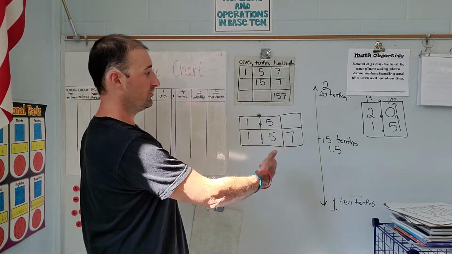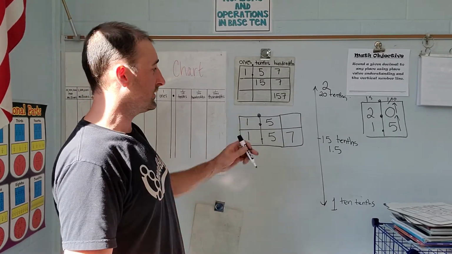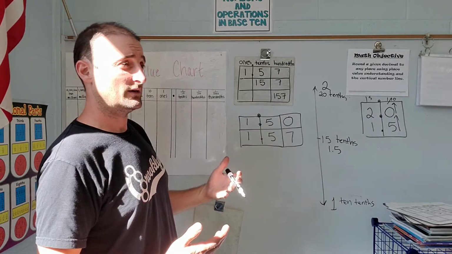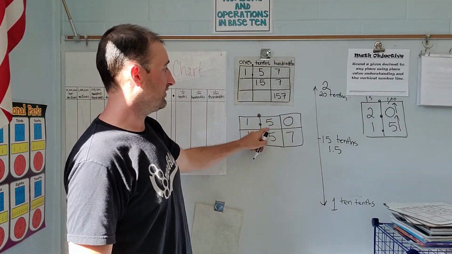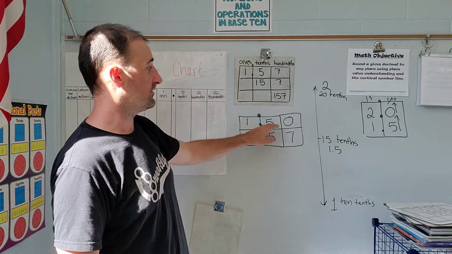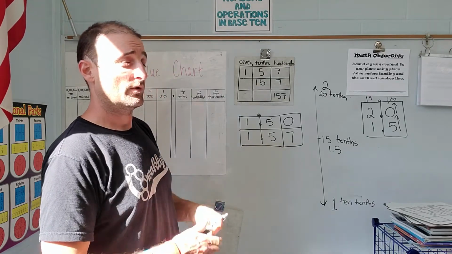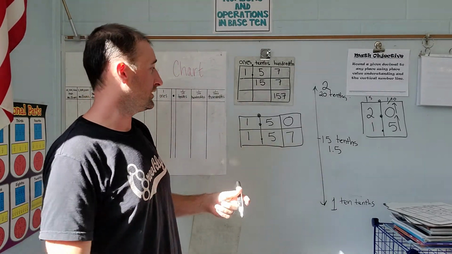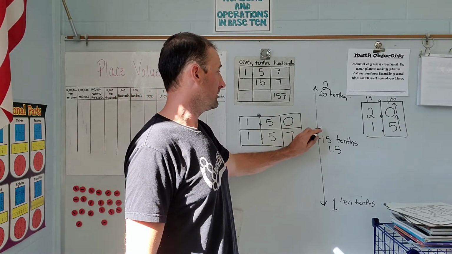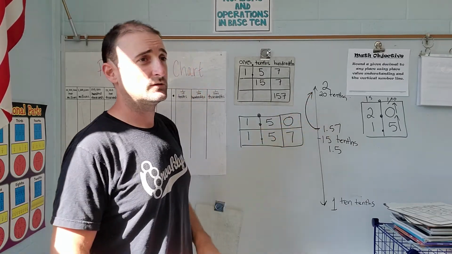I've told you before, if you have decimal numbers with different numbers of digits, you can always add zeros so that you're comparing them to the same unit name, in this case hundredths. 1 and 50 hundredths, 1 and 57 hundredths. We could also say 150 hundredths, 157 hundredths. 157 hundredths is more than 150 hundredths. So it would be somewhere up here. And because it's above the midpoint, it rounds up to the 2.